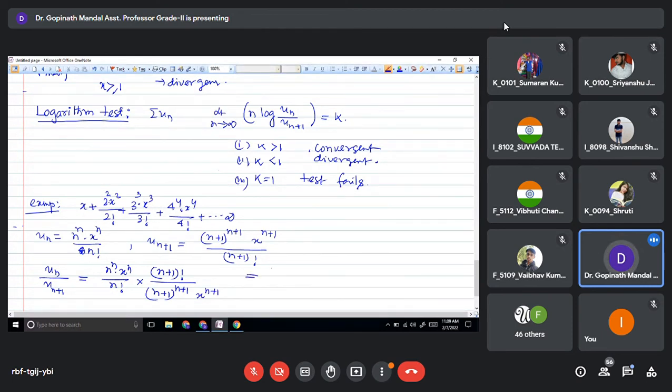So we get (n/(n+1))ⁿ, and all other terms cancel and 1/x remains.